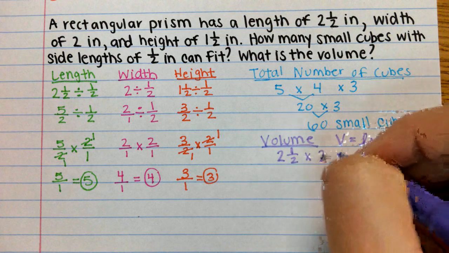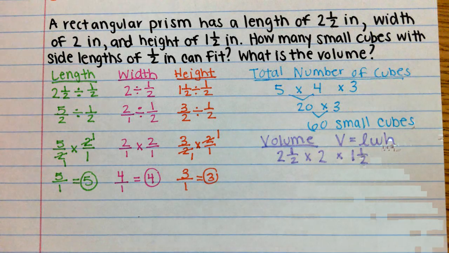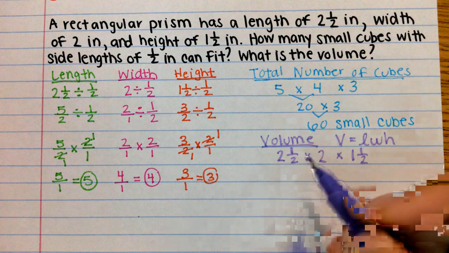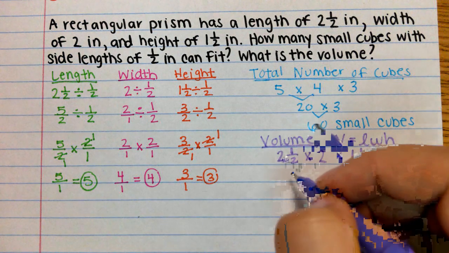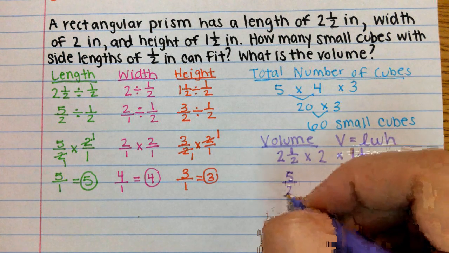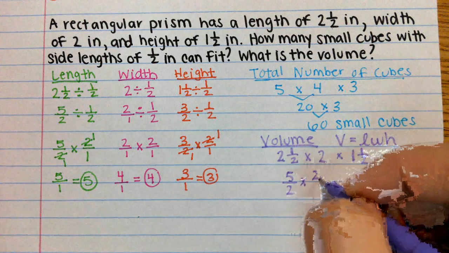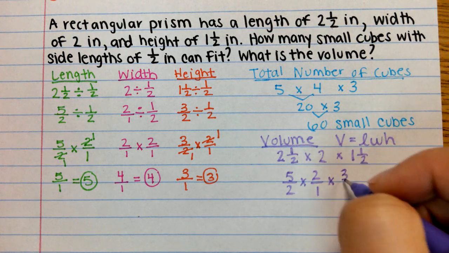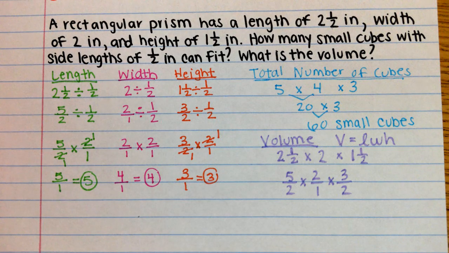Before I can multiply them, I'm going to change them all to improper fractions. So 2 times 2 is 4 plus 1, 5. So I have 5 over 2. And then 2 over 1. 2 times 1 is 2 plus 1, 3. So 3 over 2.